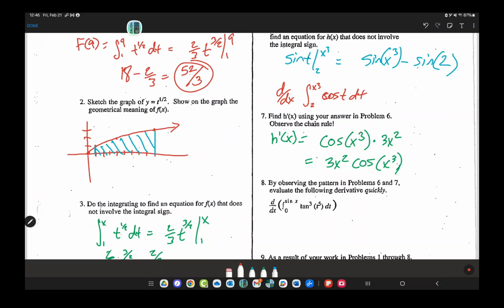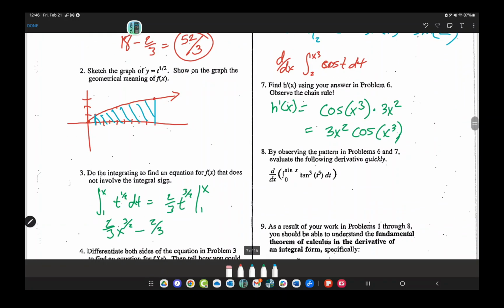Yes. So with that in mind, could I quickly find the derivative of this function? I'm going to replace t with what? Sine x, so tangent cubed of sine x to the fifth, times what?